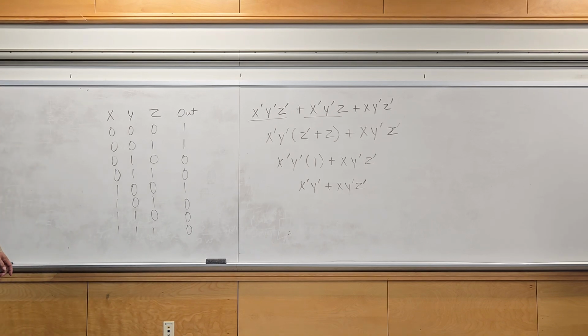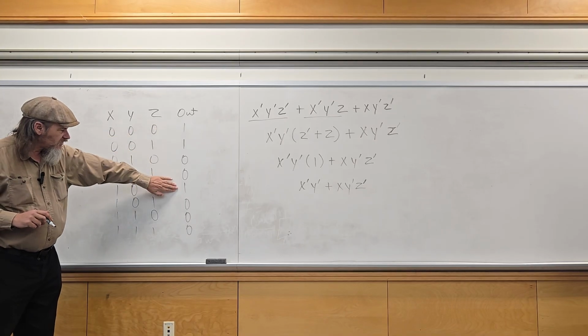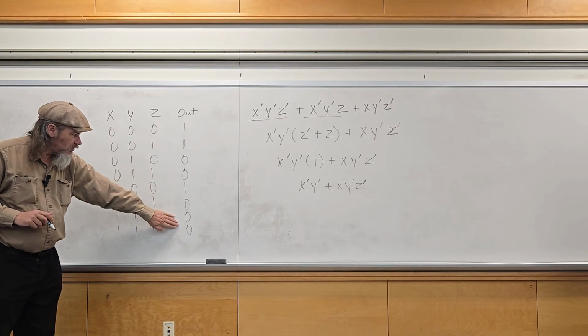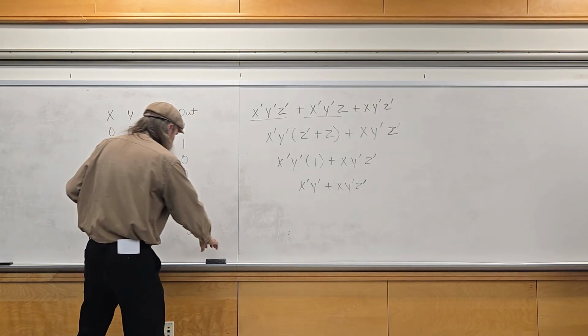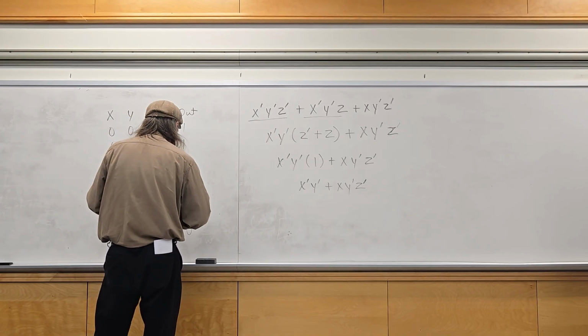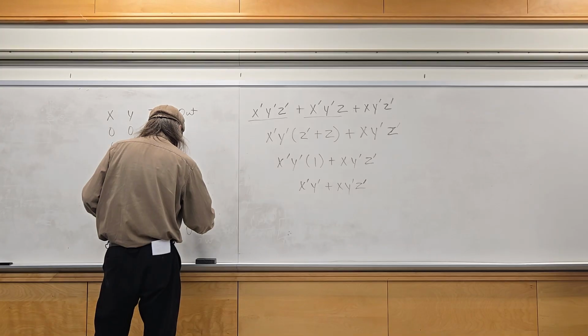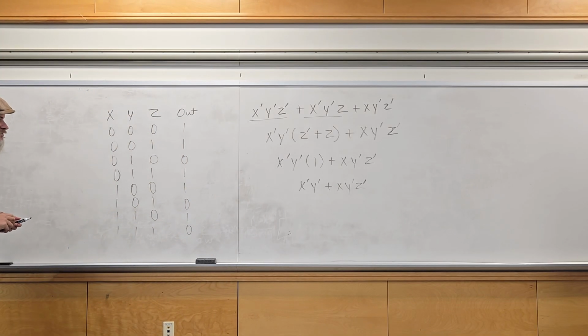That's if you have a situation where you have fewer ones than you have zeros. If, on the other hand, you have more ones than zeros in the out, you might choose to do max terms. So there'd be fewer terms.